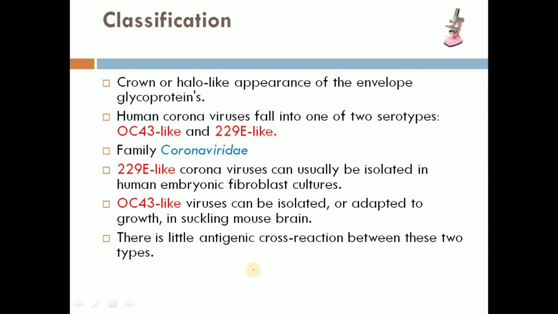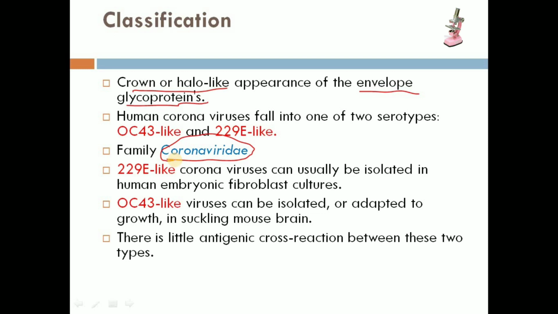Coming to classification, the classification of coronavirus is mainly based on the crown-like or halo-like appearance, which contains envelope glycoproteins. We discussed before that the envelope glycoproteins attach to the host cells. This coronavirus comes under the Coronaviridae family. Remember this point, because sometimes they ask it in MCQ questions.